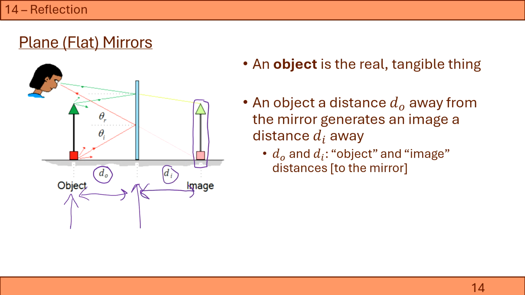DO is going to be related to DI. Oftentimes, that's going to be one of the main things we want to find is how far away is this image going to be created, or vice versa. Can we use the reflection to be able to compute where exactly an object is?